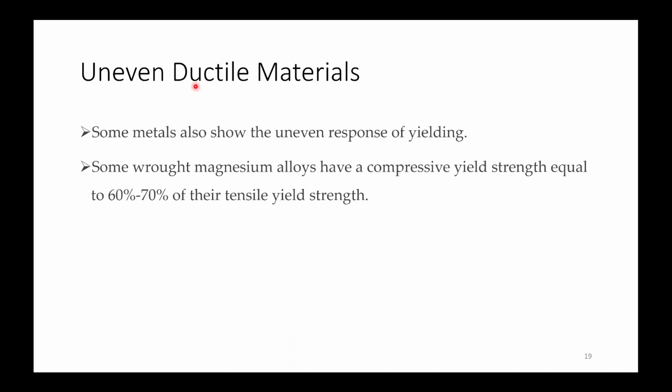Now this uneven type of effect can also be in ductile materials. So some metals also show the uneven response of yielding. Some wrought magnesium alloys have compressive yield strength equal to 60 to 70% of their tensile yield strength.